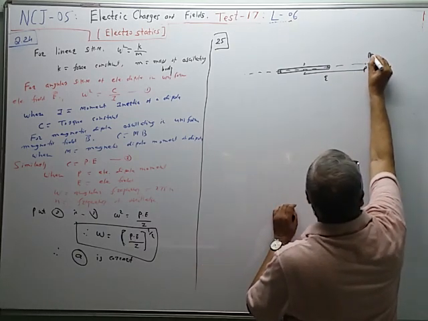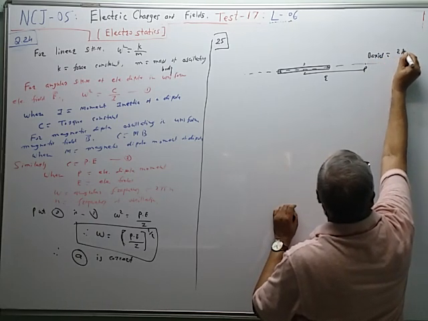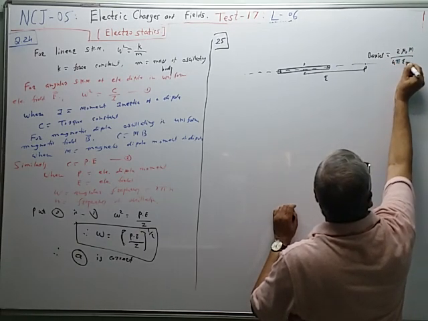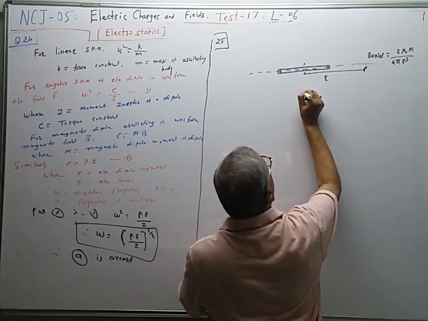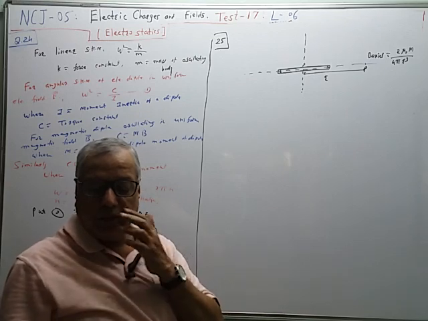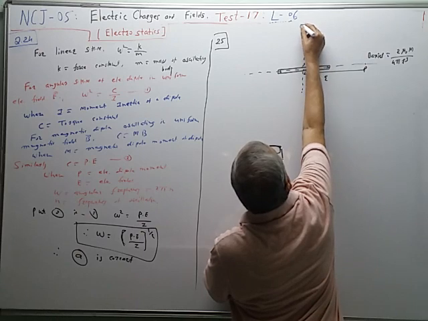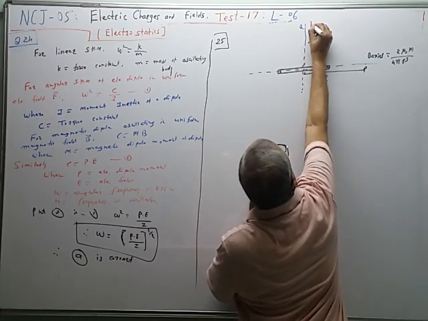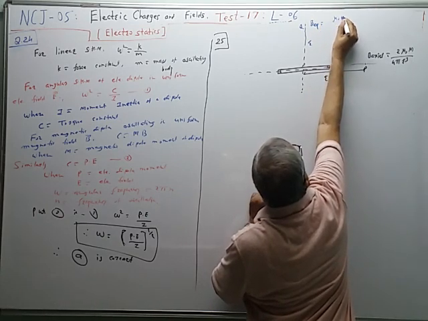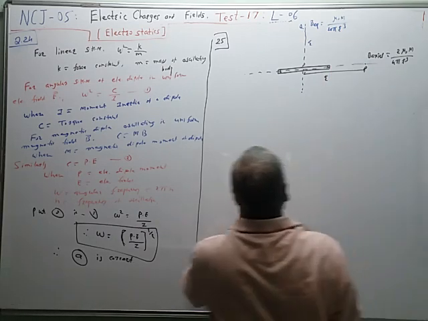So magnetic field B at axial point is equal to 2 times mu 0 m upon 4 pi r cube, and this is the equatorial point Q. So B equator is equal to, there is no 2, mu 0 m upon 4 pi r cube.